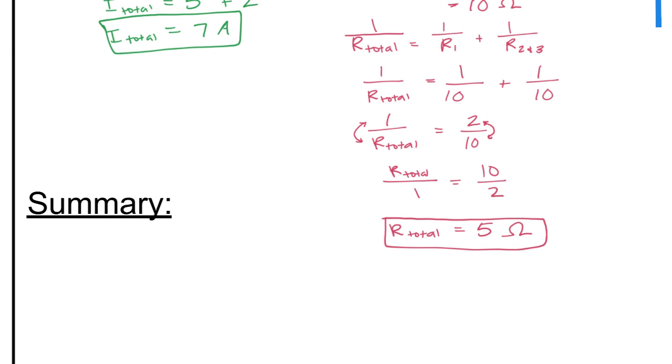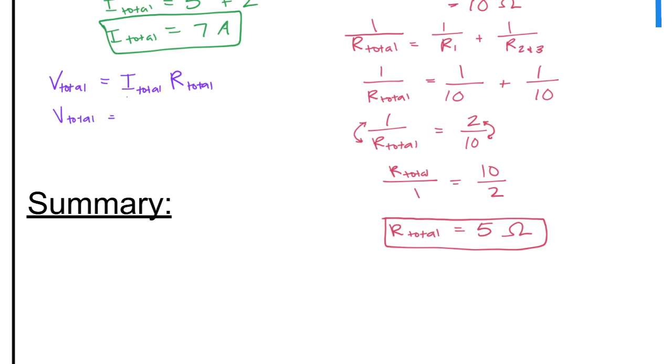So to calculate our total voltage here, we can use our total current times our total resistance. This is how we're going to get our total voltage. So I'm going to rewrite that on the side here, right?